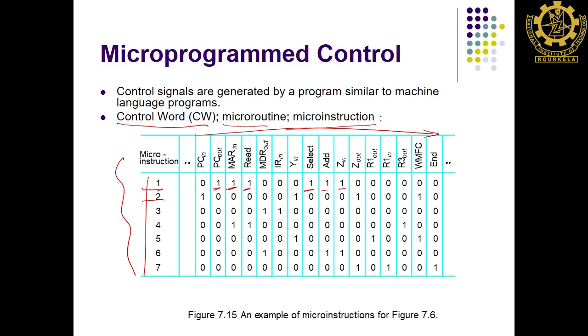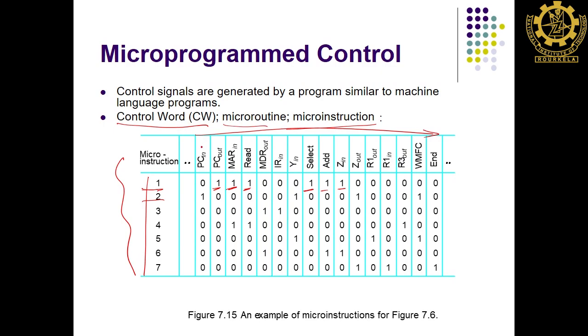Now the control unit should read one after another, and wherever there is a 1 it will activate, and wherever it is 0 it will not do anything. So, we will have a control unit, and what is this control unit? It is nothing but reading from a memory one after another. In the first step it says put PC out.